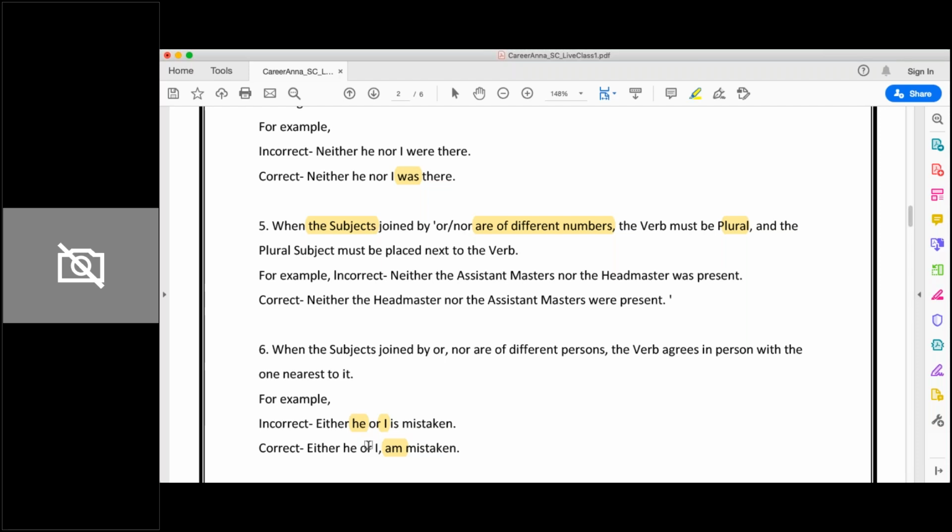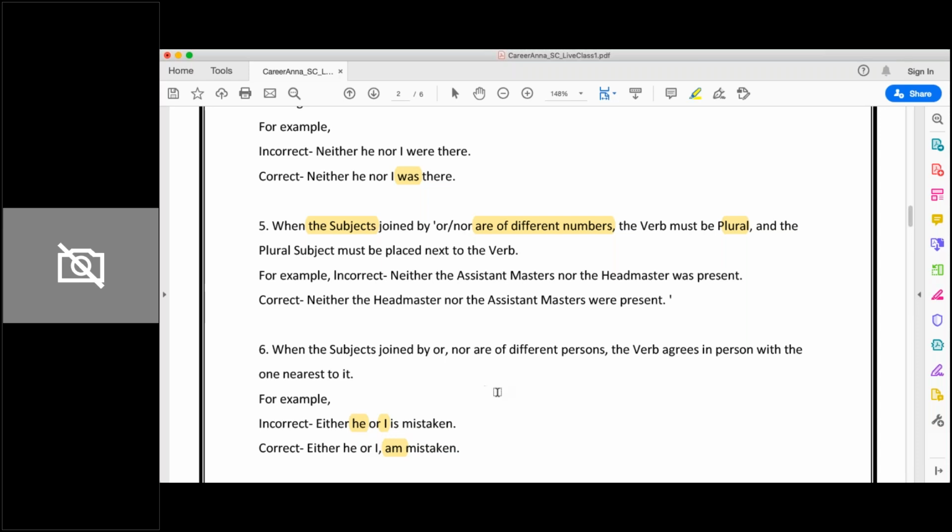My verb in this case will go with the subject which is closest to the verb. Either I or he is mistaken. Either he or I am mistaken. Are you understanding it? Are you understanding what point number 6 is trying to say?